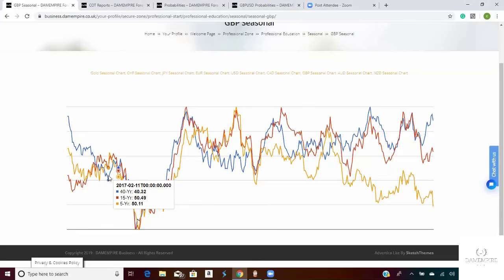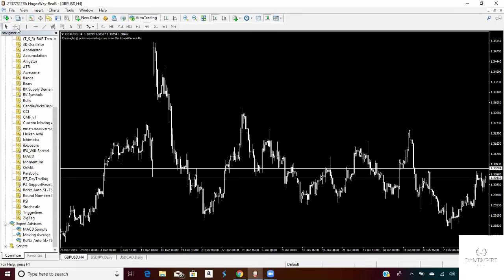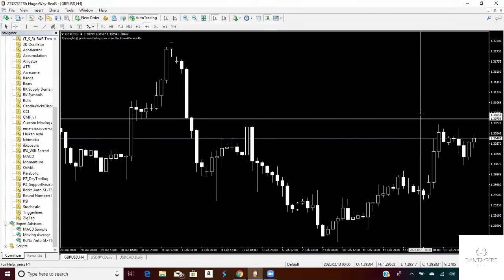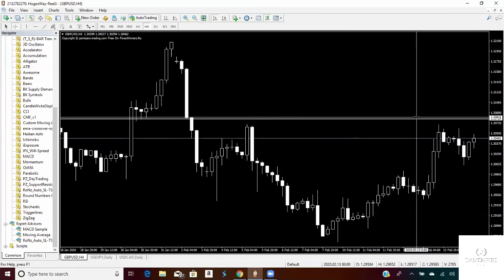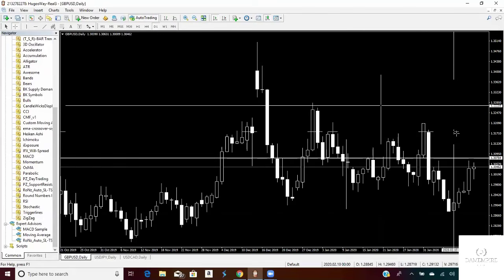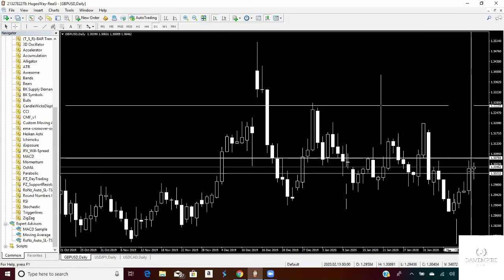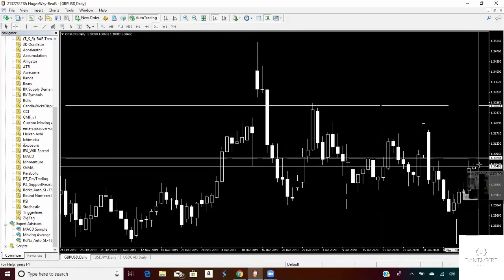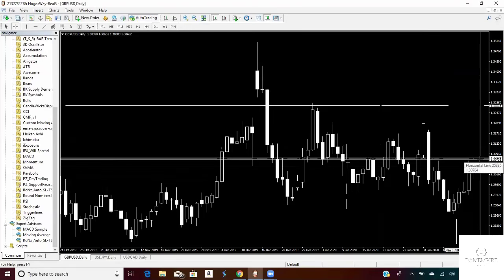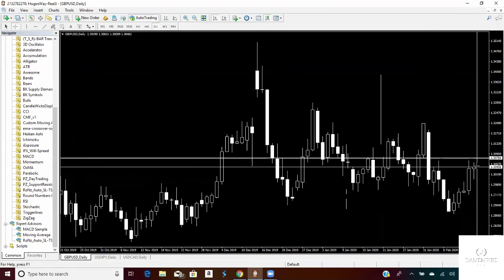And from the 10th, it makes that up move, it's coming down, and then we should expect a pullback of like 30 pips-ish, and then it should fall.